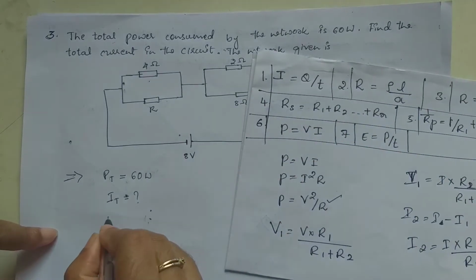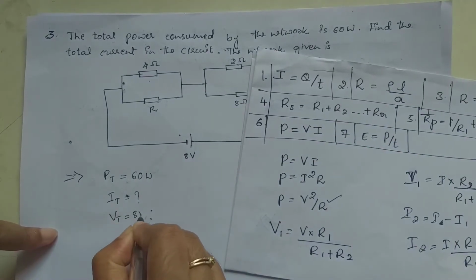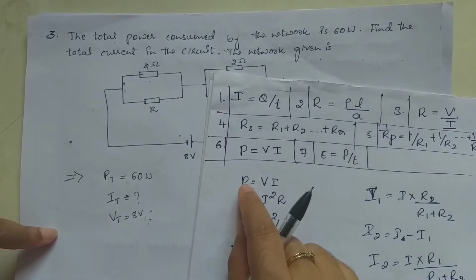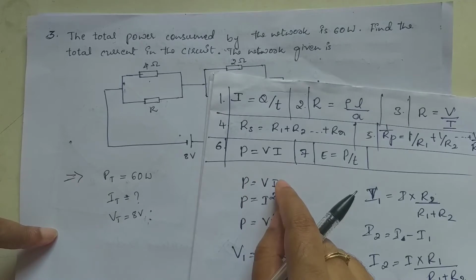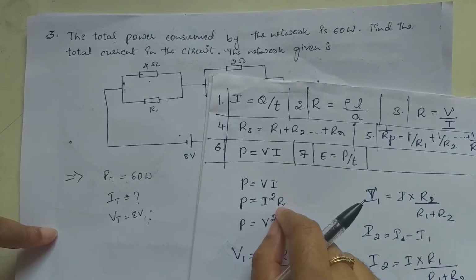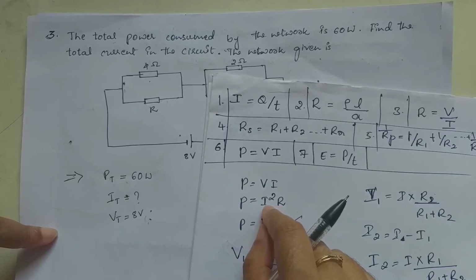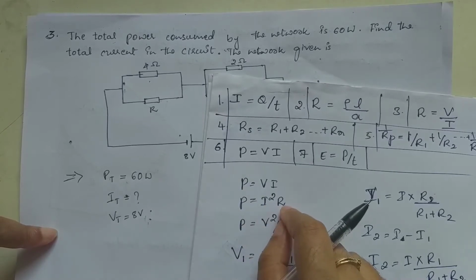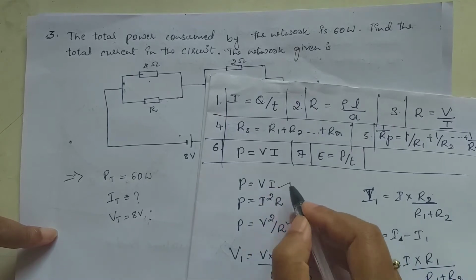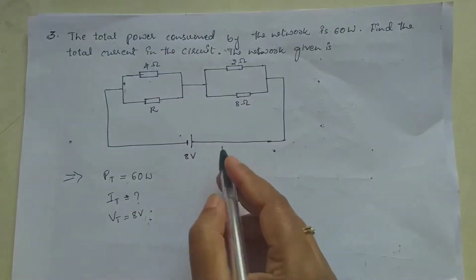Do we know VT? VT is known, 8 volt. Using P is equal to V into I, we know P and we know V, so we can easily find the value of I. In the second formula we can also find I, but RT is not known and we would have to find RT. So it is convenient to use the first formula.